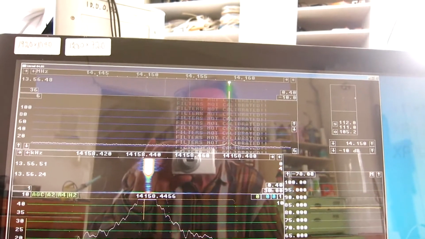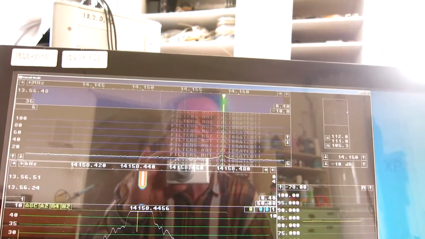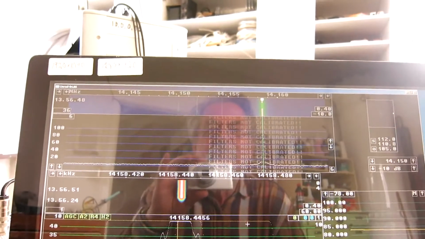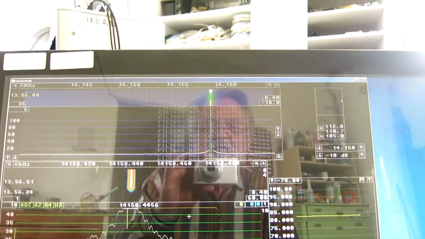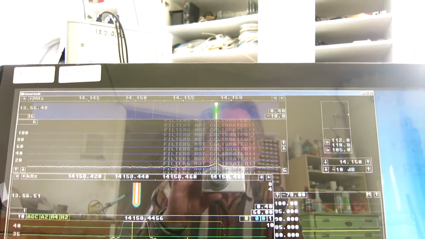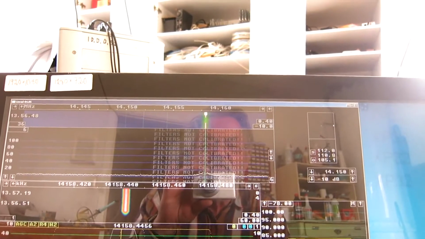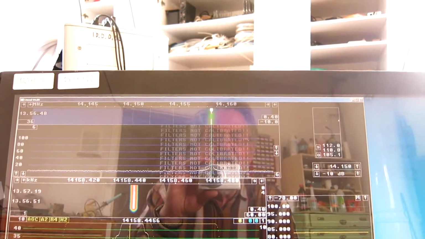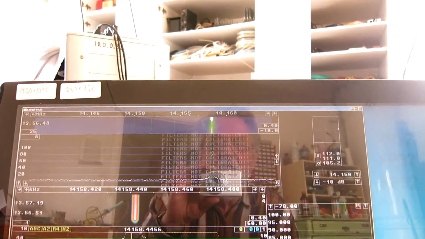So now it's an oscillator, it's no longer a noise amplifier, 60. And here you can see the carrier. So once I reach a certain point, there is an exponential increase, which manifests it as a straight line on the S meter logarithmic plot, and the level increases until there is some nonlinearity.